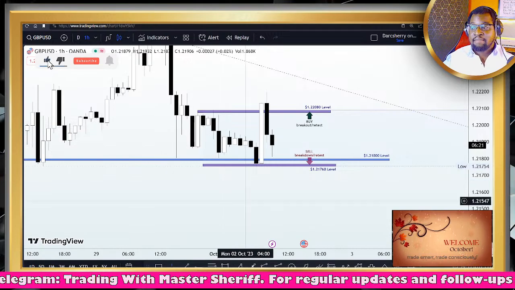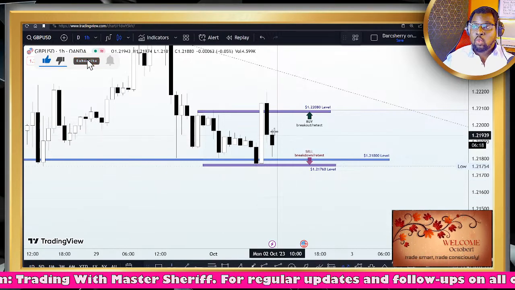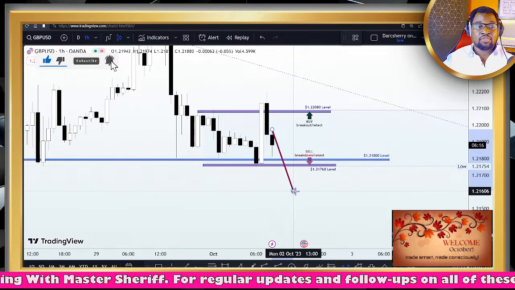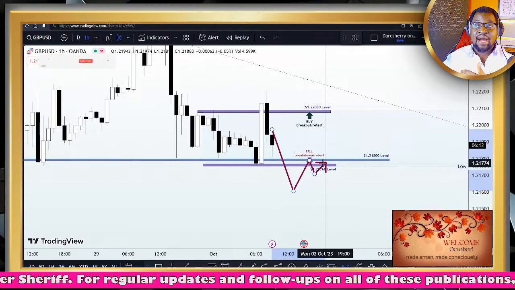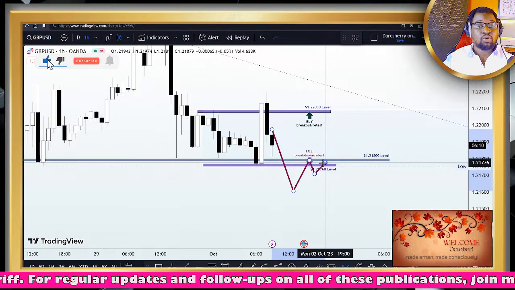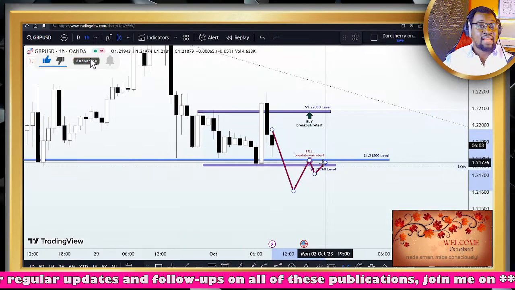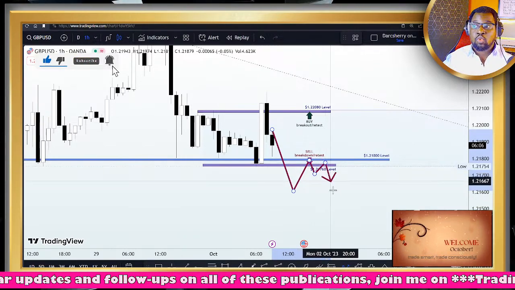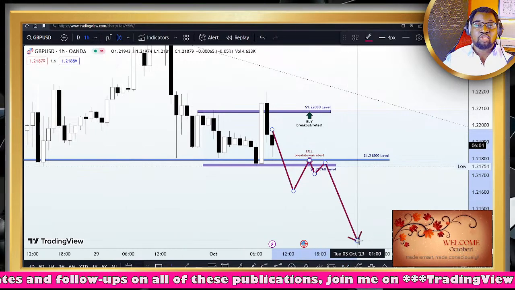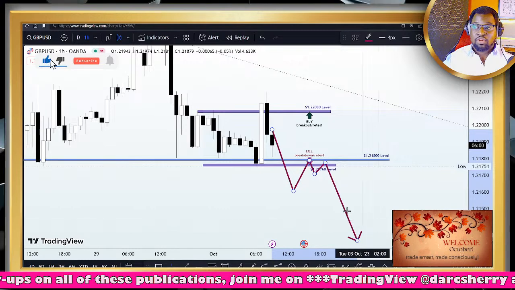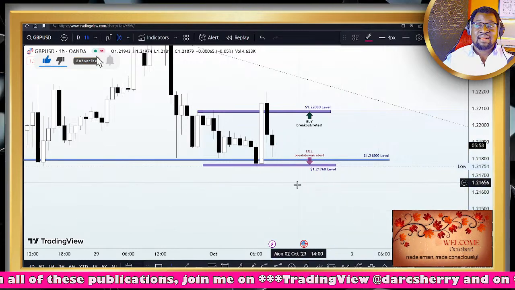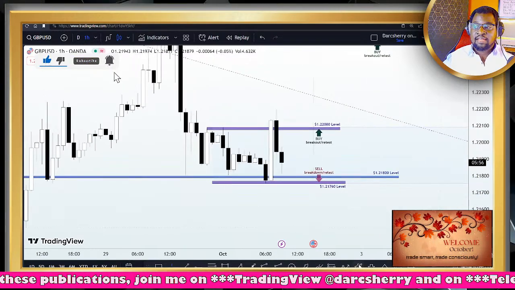Now, if we need a beautiful confirmation here, we want to see price break down the structure, retest, giving us confirmations that buyers are finding it difficult to climb back above that support line at the 1.218, then we can join the bearish move to the downside. So this is what we are going to be looking out for to sell the GBPUSD for today.